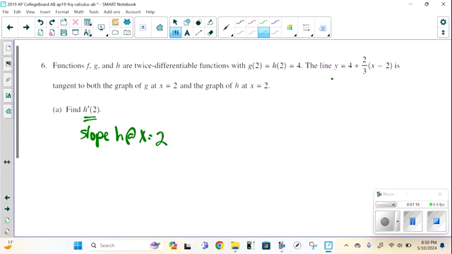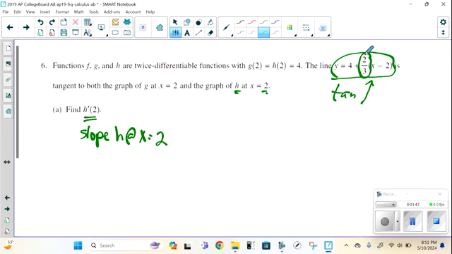And this line right here is the line tangent to h at 2, which means this line touches h at 2 and has the same slope. This is the slope right here. It's 2/3. The slope is 2/3.